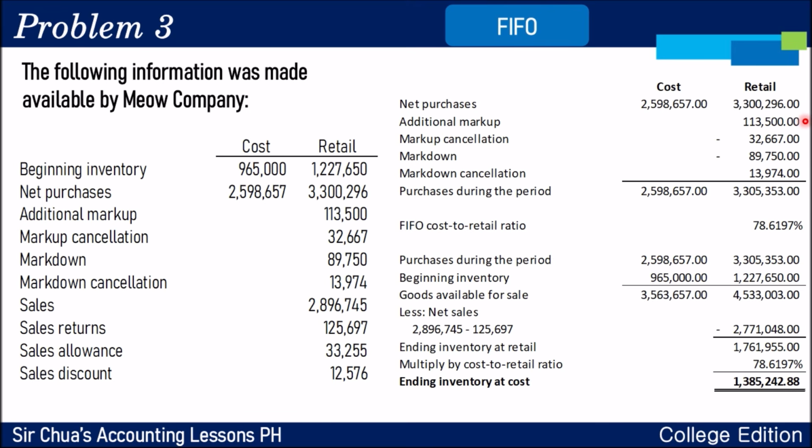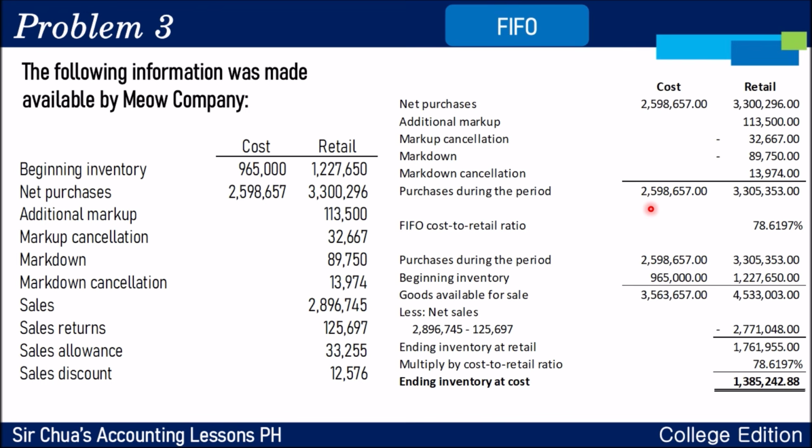Add the markup, deduct the markup cancellation, deduct the markdown, and add the markdown cancellation. You will just get the information na purchases during the period with an assumption that the markups and the markdowns were applied on the current purchases only. Okay? So, sa purchases nyo lang po kukunin ang cost to retail ratio.